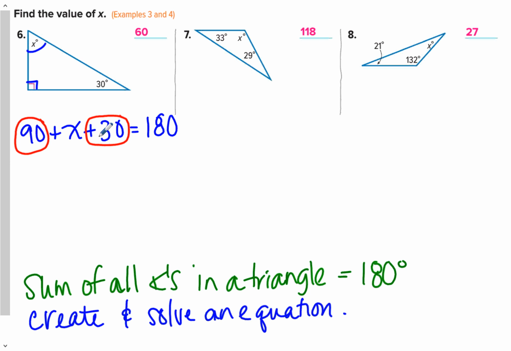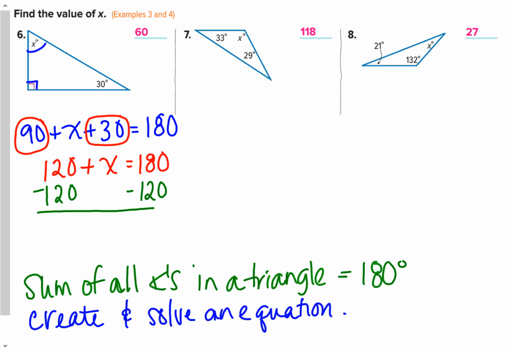So 90 plus 30 is 120. So I'm left with 120 plus x equals 180. By solving, I can subtract 120 on both sides. 120 minus 120 cancels to 0, and so I'm left with x equaling 60. So the missing angle is 60 degrees.